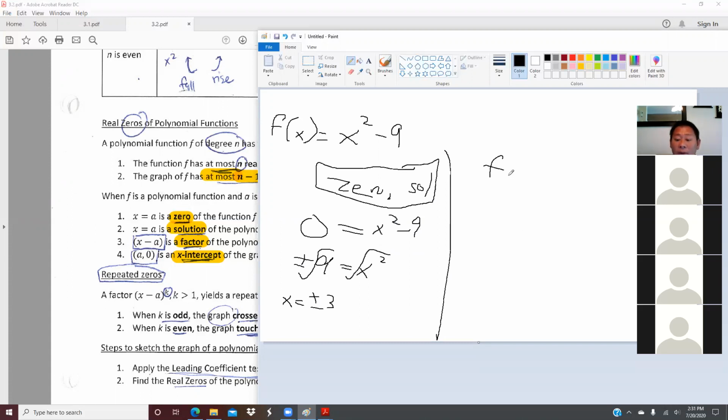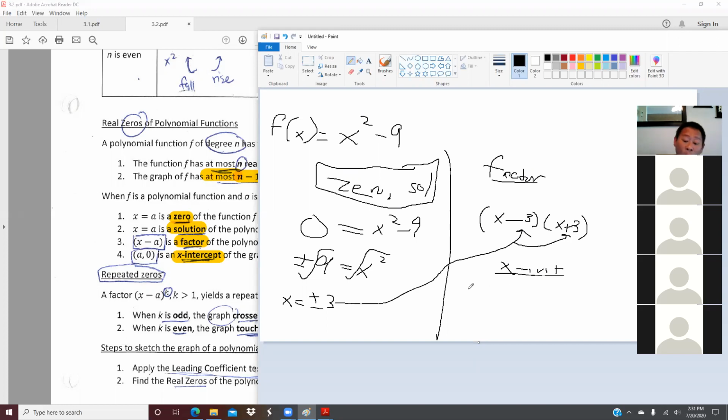But what happens if I want you to write the factors? With these zeros, you just put x minus 3 and x plus 3, because you have one negative and one positive. This is how we write it in factor form. And how do you write this as the x-intercepts? Coordinates.